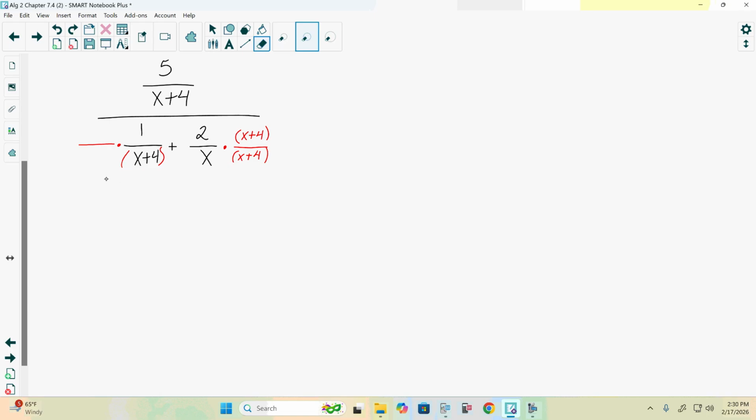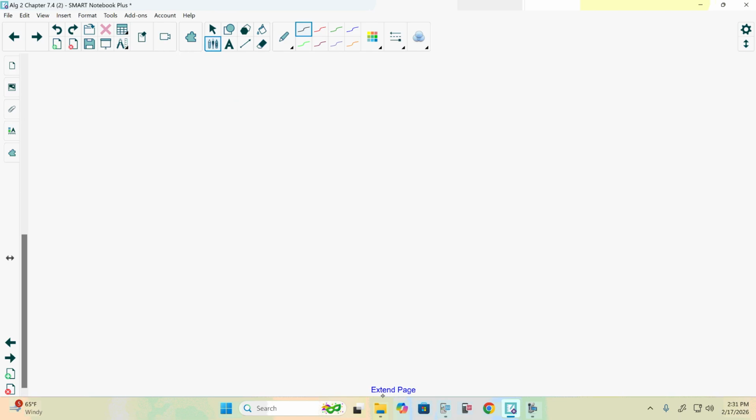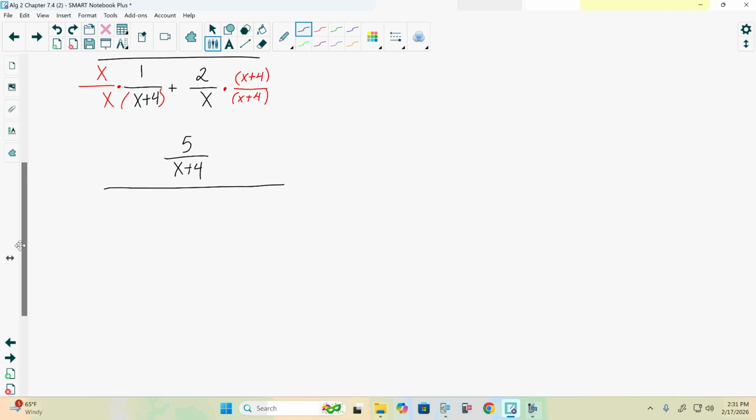And the left side is going to have to be multiplied by x over x. Incidentally, the numerator is just going to stay 5 over x plus 4, because we're not doing anything to it, it's already one fraction.